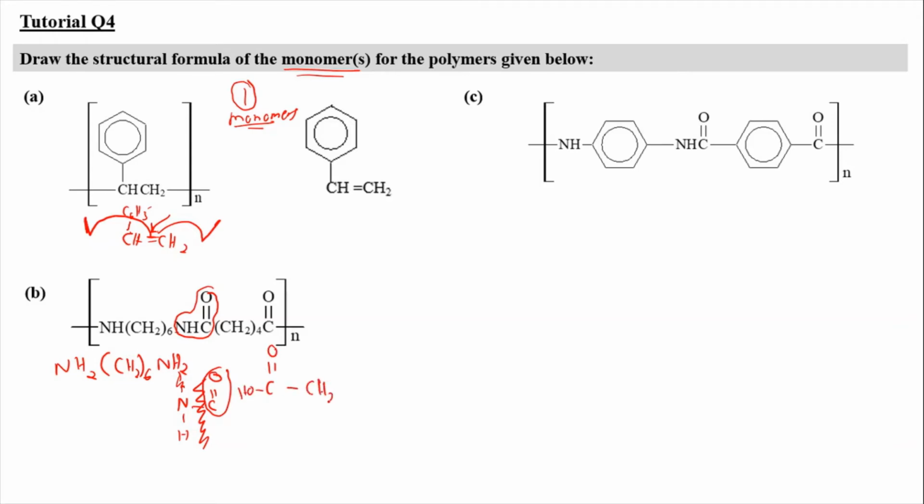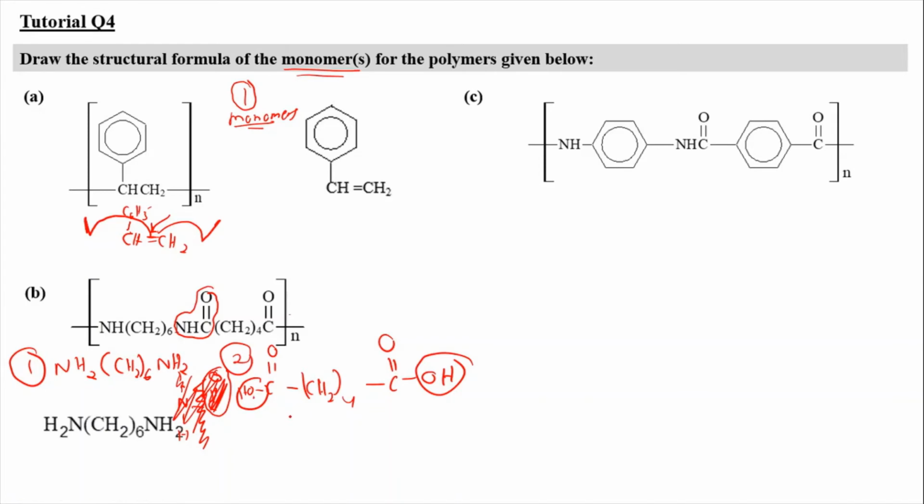And the same goes for the end here. You're going to get the OH back, because OH and hydrogen can be removed to make a water molecule, in order to make an amide bond. So as for the monomers, you're going to get this one monomer and this second monomer here.